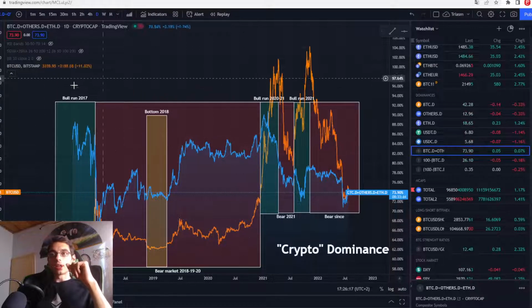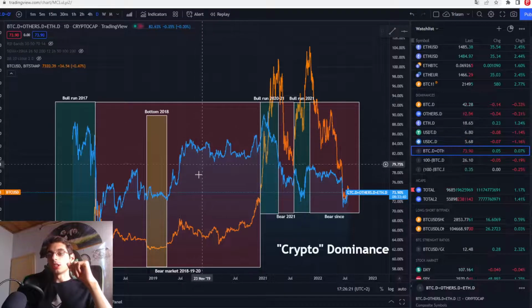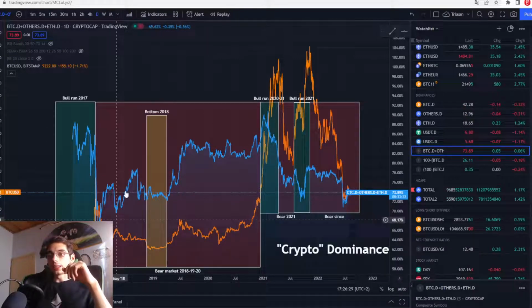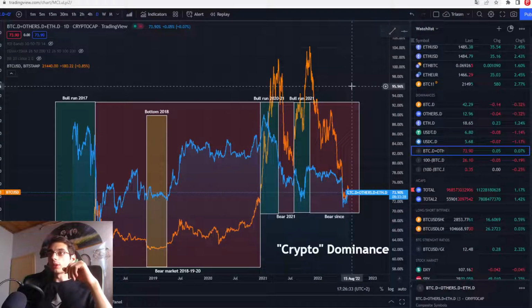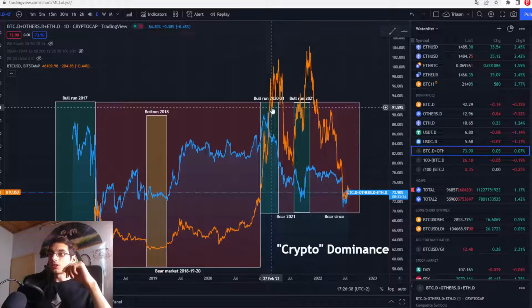Here we have the last cycles: the bull run of 2017, the bottom in 2018, this yellow rectangle, and this is the bear market we had before the bull run of 2020. So 2020, 2021, this is the bull run.